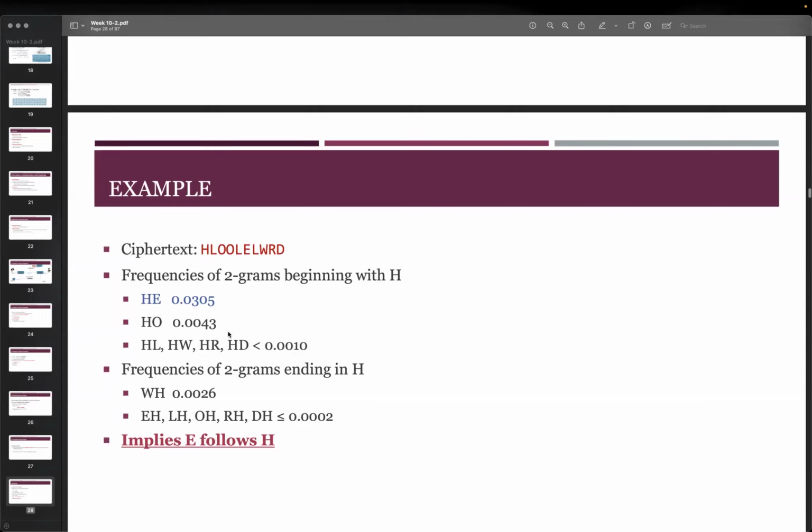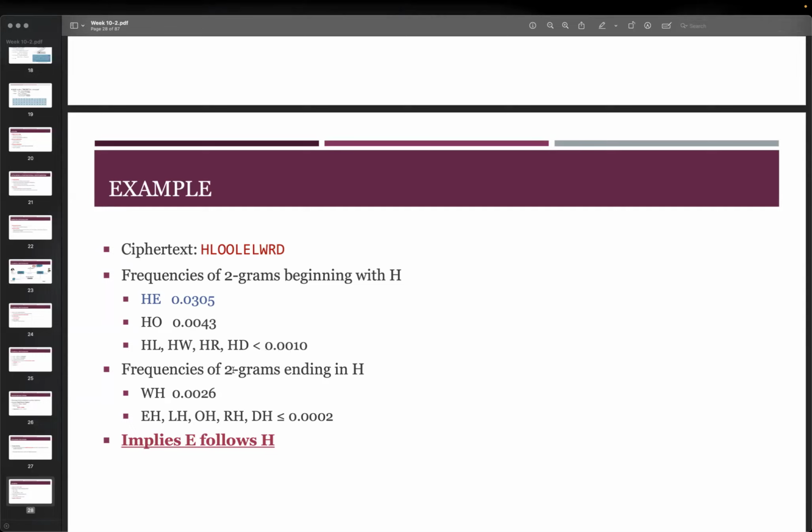If something begins with HL, HW, HR, HD, they will be less than 0.001. So what is the frequency telling us? If starting with HL is pretty low, then I don't think this is the original plaintext. It will be cipher.